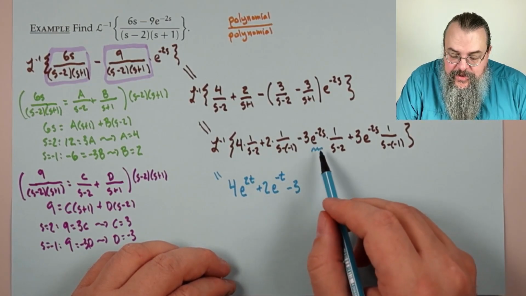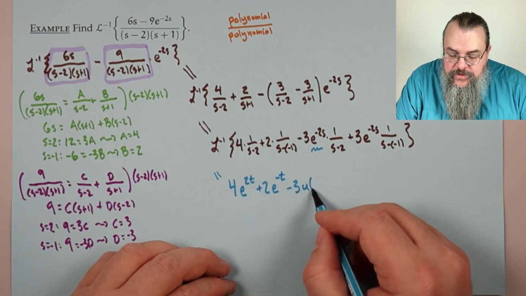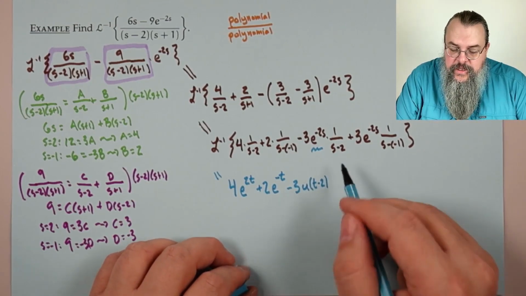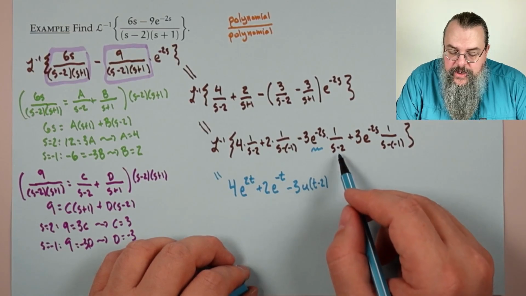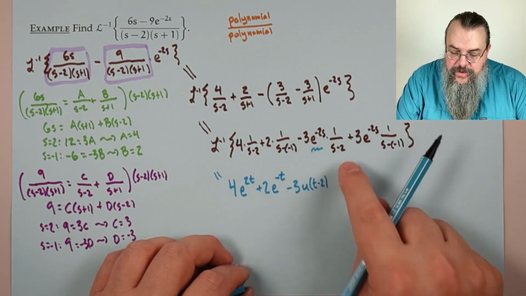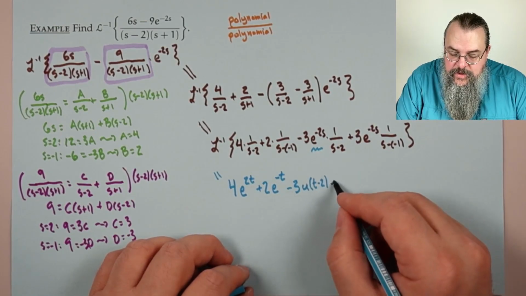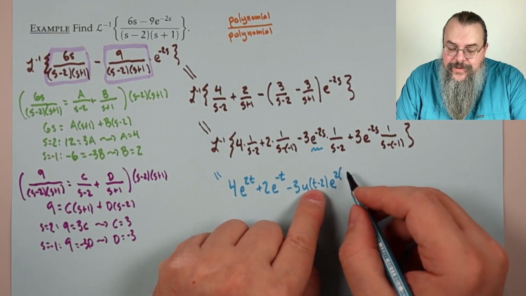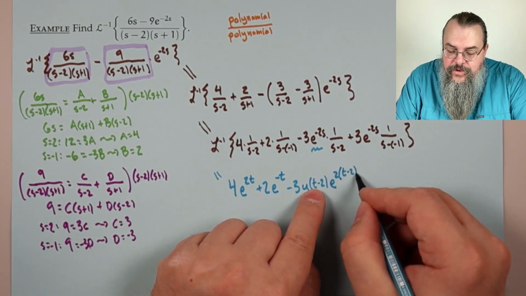Now that tells us we're going to have a shift by 2. So u of t minus 2. Now this part, 1 over s minus 2, we know what it is. This should be e to the 2t. So it's going to become e to the 2, and then it's not t, it's t minus 2.